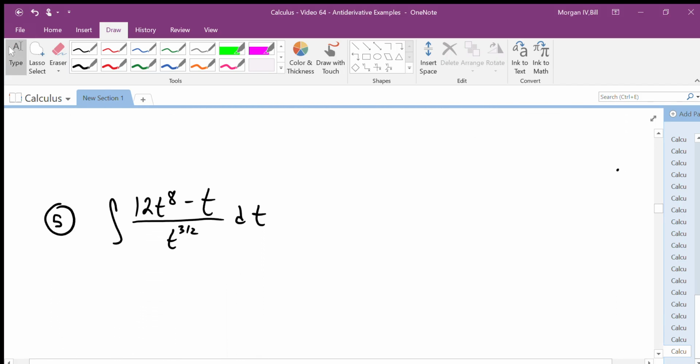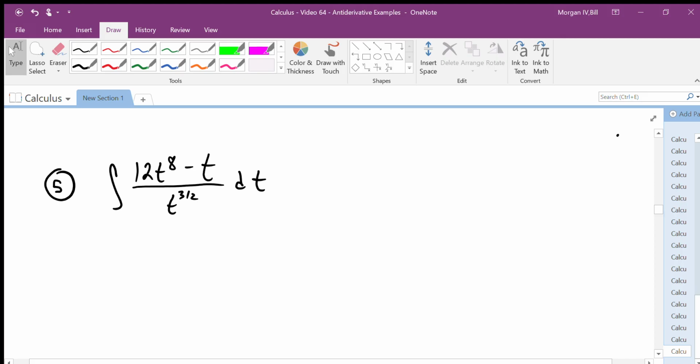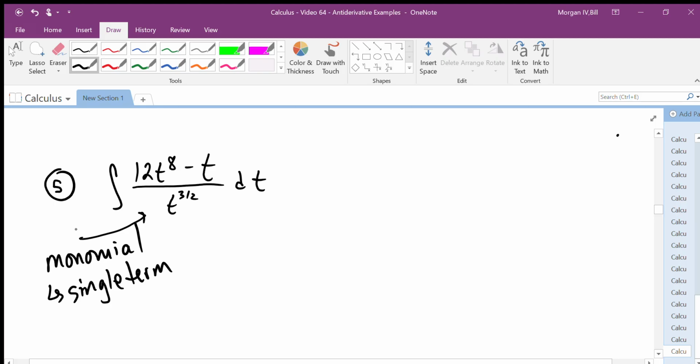Okay, last one, I believe, of these power rule, or undoing the power rule. Anytime you're dividing by what's called a monomial, a monomial is a single term. Right, we're dividing here by a monomial or a single term. Just a t to the 3 halves, or a 5t to the 3 halves is still a single term.